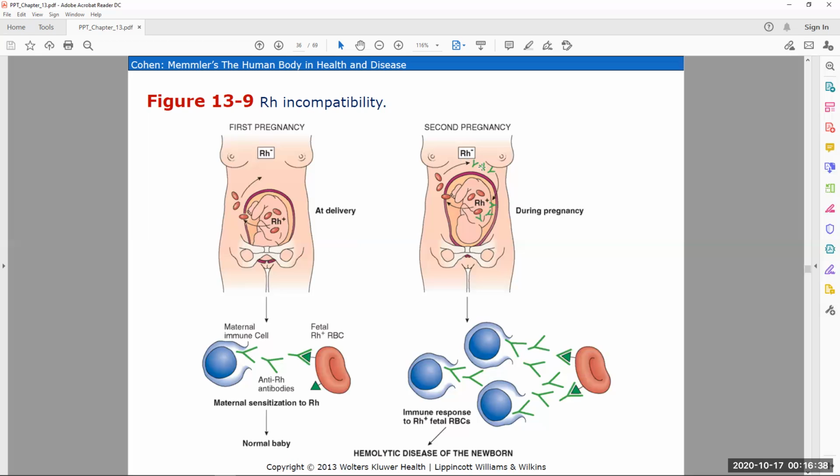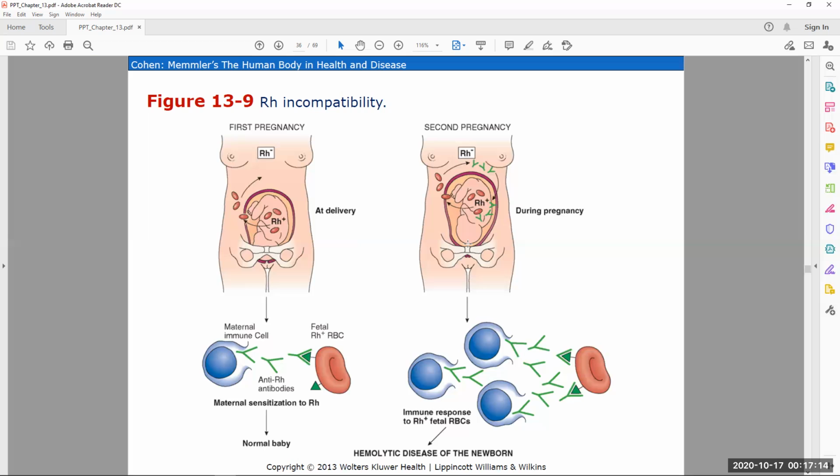With the second child, those antibodies cross that blood barrier, the placenta, through some type of rupture of capillaries or some trauma, and getting to the fetal circulation will begin to attack the fetus, which is why it's very critical to go to clinic and also to be aware that if previously you were rhesus negative and your child was rhesus positive, you will be on the lookout, as this is an eventuality.